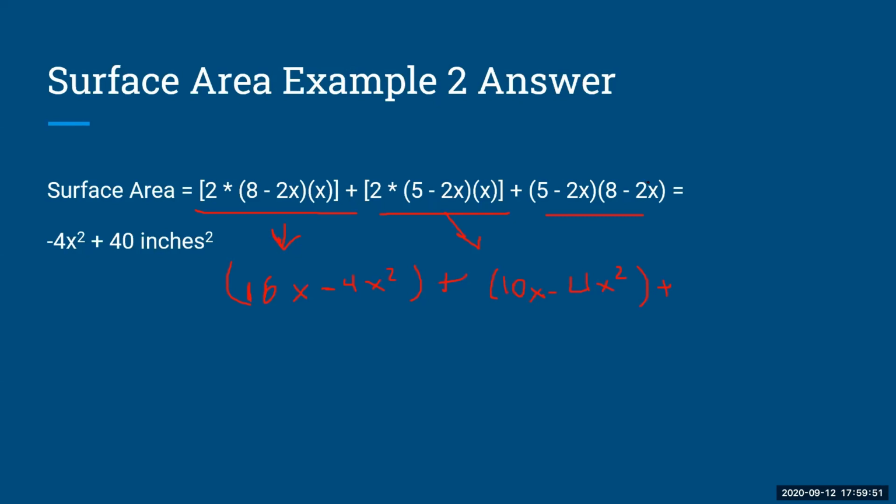I don't want to do FOIL here. I guess I'll just do the box method. I'm too lazy. Okay. Plus 40 minus 16x plus 4x squared.